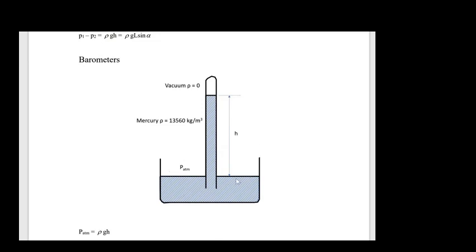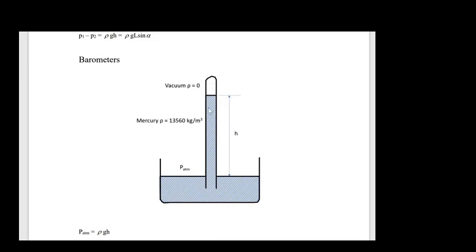So as the atmospheric pressure increases, that column of fluid will clearly increase. As our atmospheric pressure decreases, that column of fluid will decrease. The pressure difference is less, so therefore the height of the fluid will be less. So our atmospheric pressure is given by rho gh.